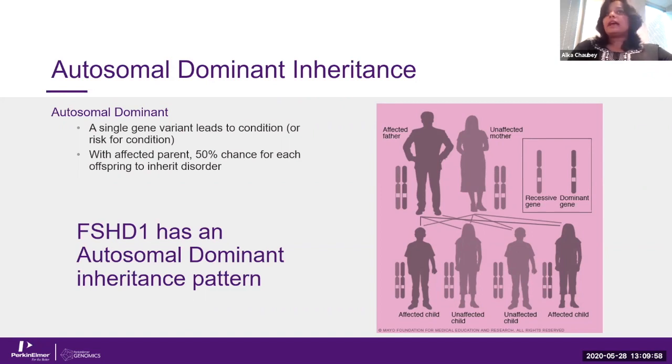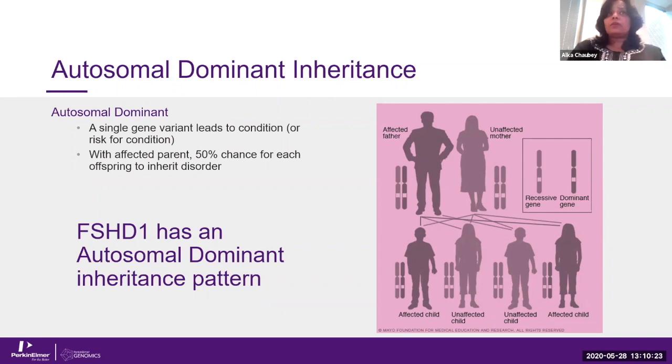The father has the dominant gene. Now if we look at how the segregation in the next generation is going to take place, you can have 2 affected children and 2 unaffected children just by the permutation and combination of how these chromosomes with the dominant and recessive genes are going to pass to the next generation.